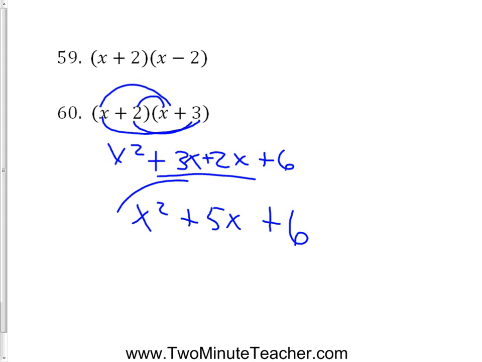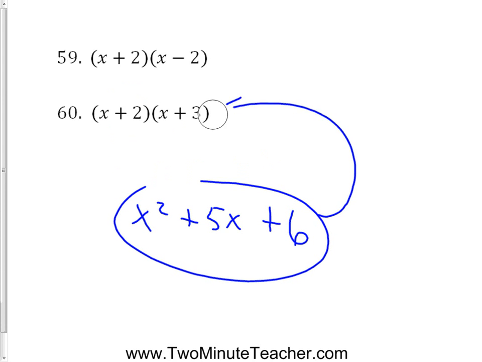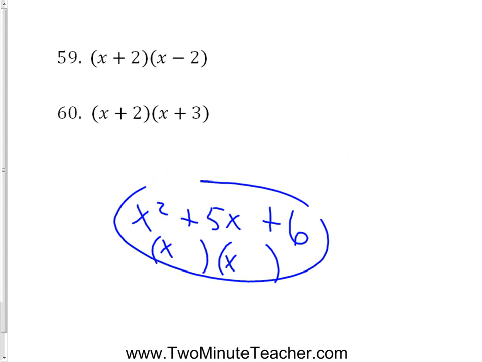All right, so this and this are the same thing. They're just written in different forms. If you really want to check yourself to make sure you did it right, what you can try to do is fool yourself into thinking that this is the problem and say, what could I factor it into? Well, I could factor it into an x and an x, and then what multiplies to make a 6?